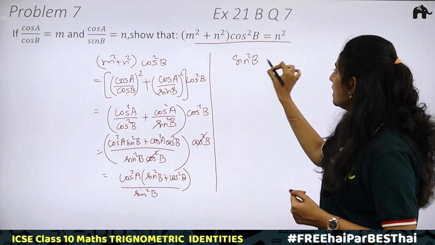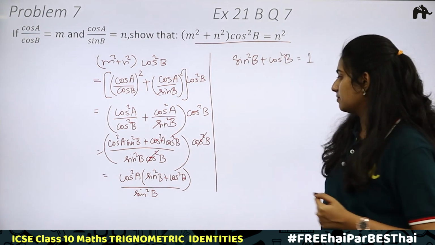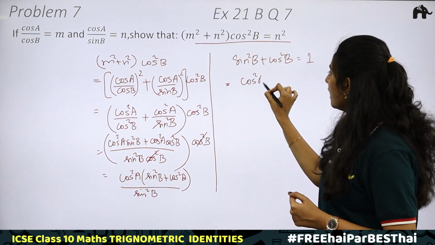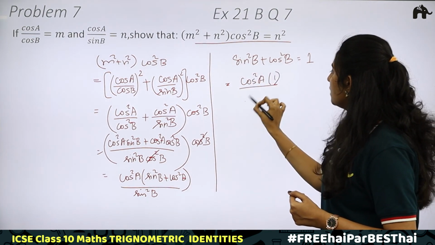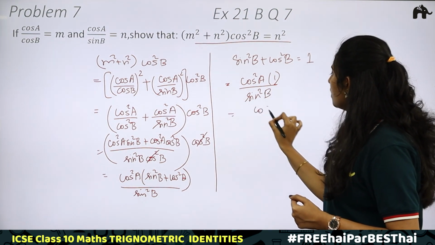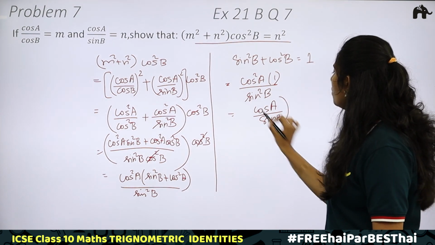And that is cos square A into 1 divided by sin square B. Or this can be written as cos A by sin B whole square.